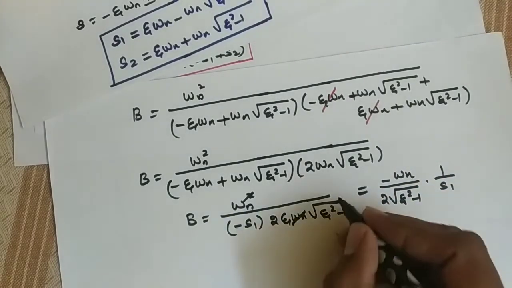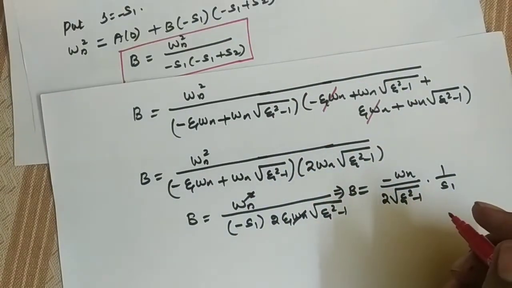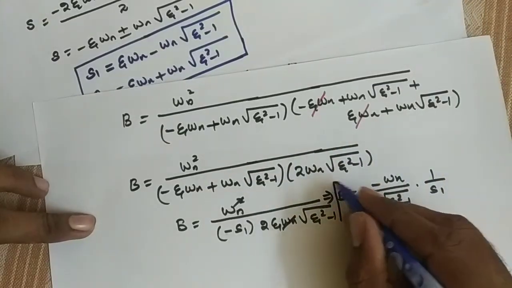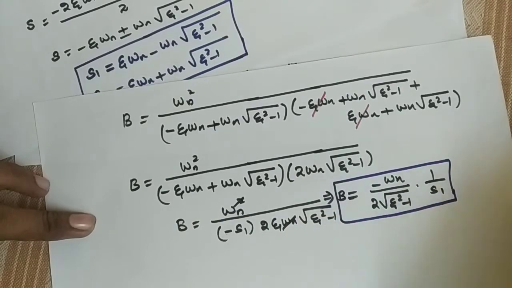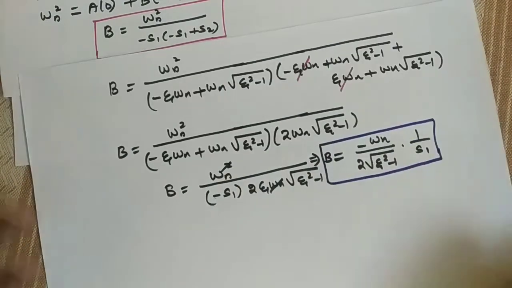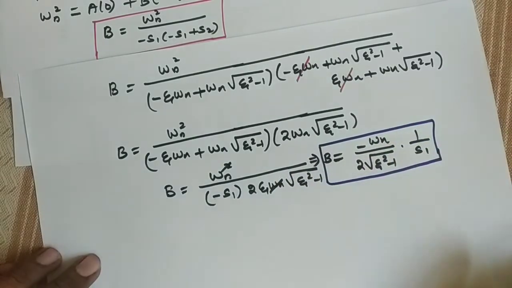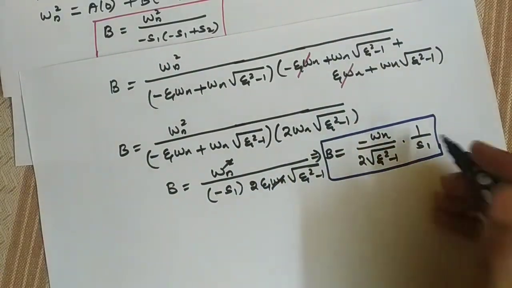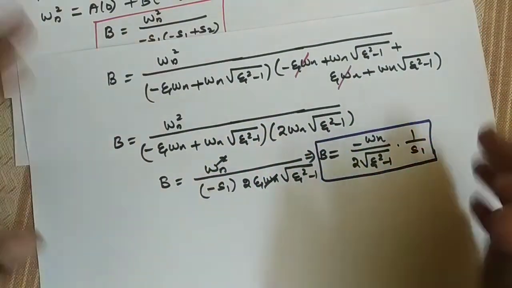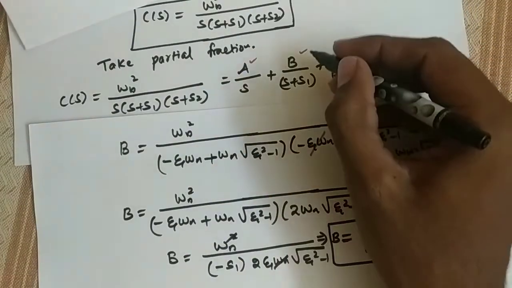So this is the value of B we are getting: B is equal to minus omega n divided by 2 root of eta square minus 1 into 1 by S1. We are just separating the root value on one side and the other things on the other side, likewise in this equation. So fine, B is over now.